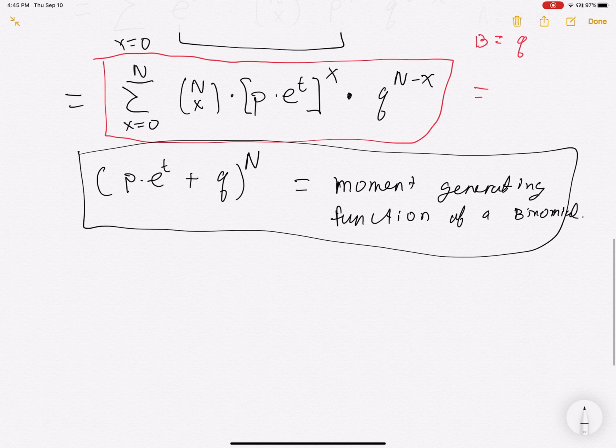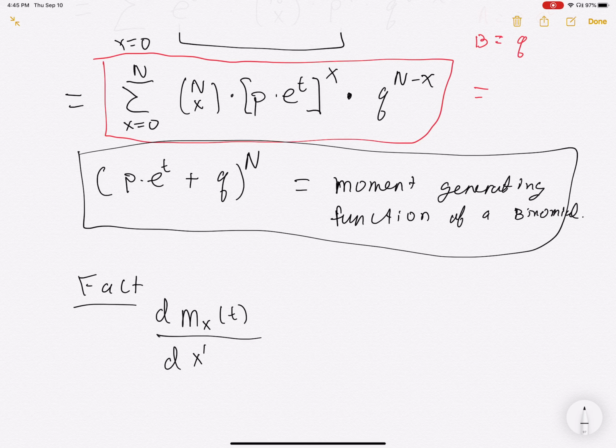Now, here's another fact that's very useful. Taking the kth derivative of the moment generating function, d to the k over dt to the k, and evaluating at t equals 0 gives us the expected value of X to the k.